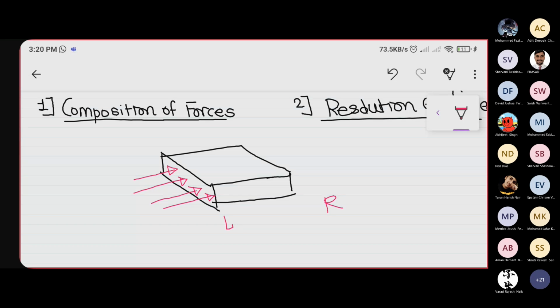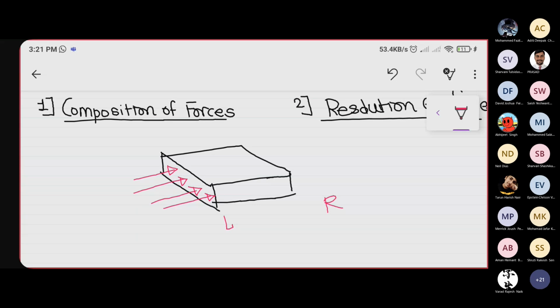If we replace all these forces by a single force and get the same effect, then this procedure is called composition of forces, and that single force is called the resultant force.